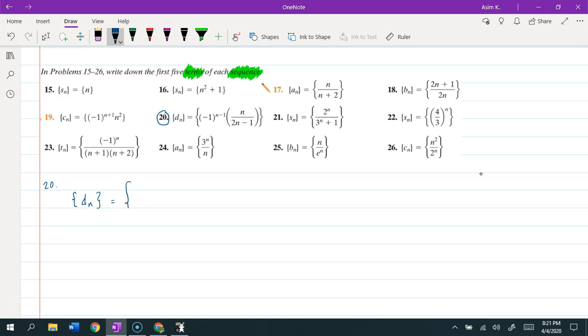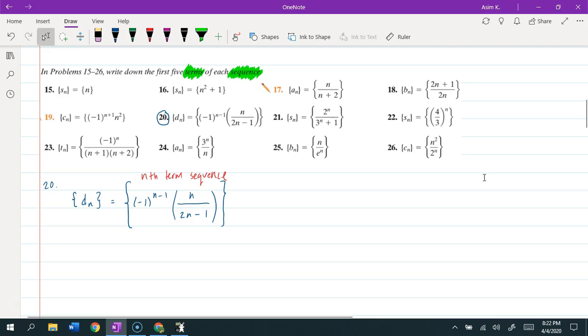And then it gives you a bigger parenthesis, and that says negative 1 to the power of n minus 1 multiplied by n over 2n minus 1. Now, this right here is called an nth term sequence. Some folks will just call it the nth term. You will see in a moment what it does.